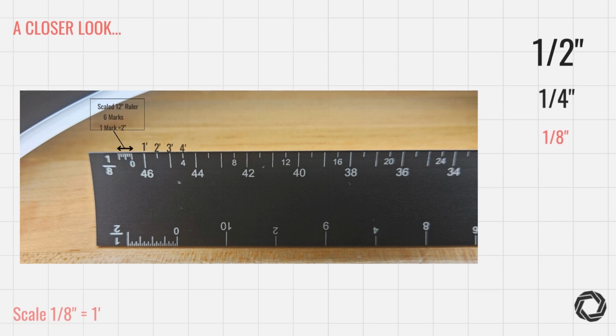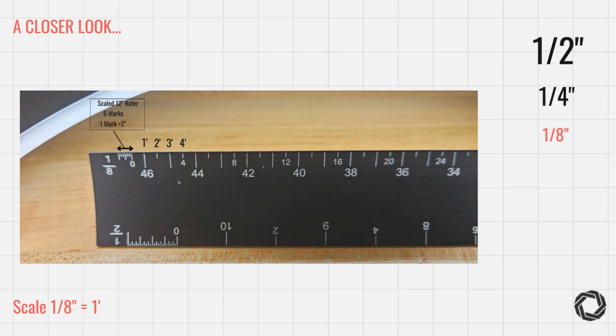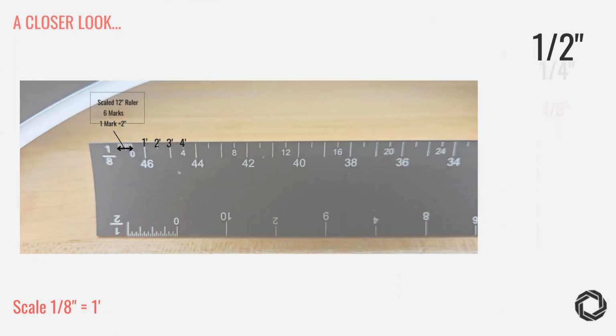Now, the third example would be to use 1/8 of an inch equals 1 foot. And if we look at the distance between the 0 and the 1/8 mark, it has a total of 6 marks. So for that, we can look at the scaled ruler example and notice that each one mark between this interval is equivalent to 2 inches.